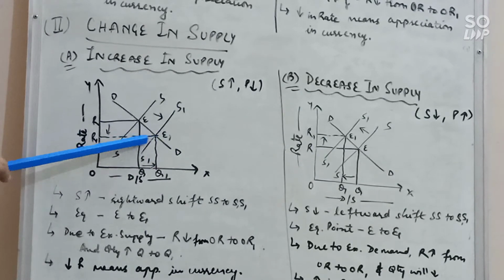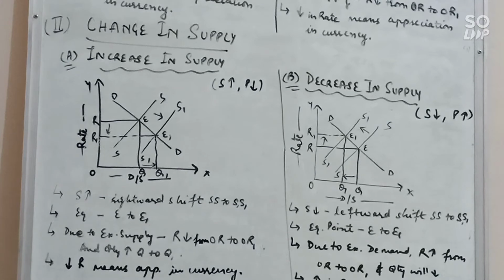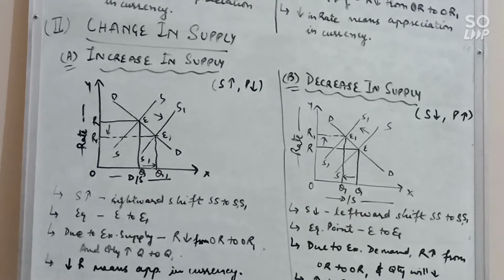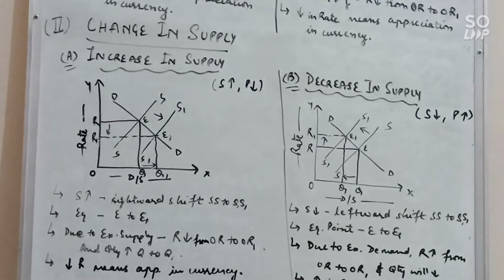According to this we have new equilibrium rate, that is OR1, and new equilibrium quantity OQ1. Clear? So here rate will decrease and it shows that there is appreciation in currency. Decrease in rate means appreciation in currency, that is increase in the value of domestic currency in terms of foreign exchange. Clear?